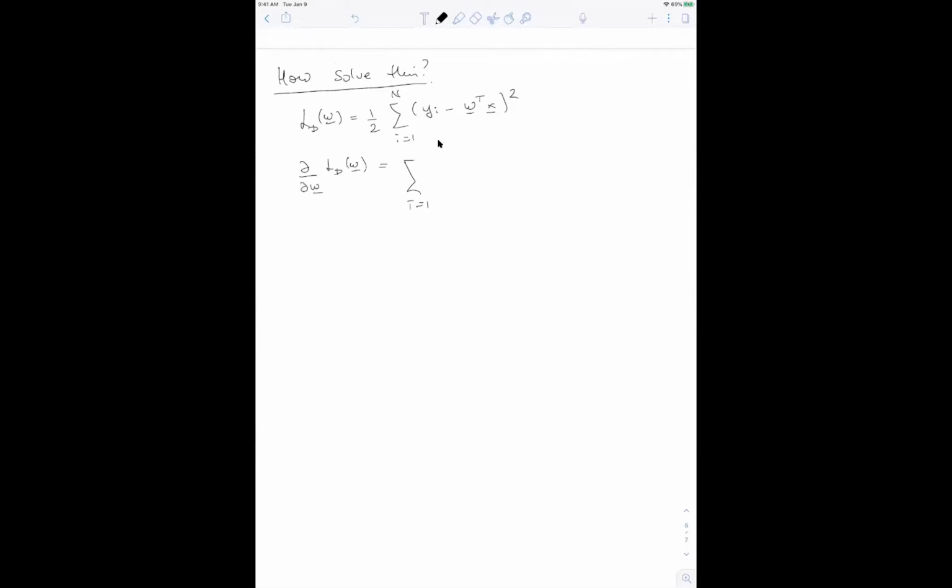So appealing to the chain rule, I've got 2 times this term canceling out with the half, and then I need to take the derivative of this term with regard to w, which is just xi as per equation 1 that I reminded you of earlier. So this is chain rule and equation 1 from the previous page. And I need a minus, because when I take the derivative in the chain rule, I get a negation as well.